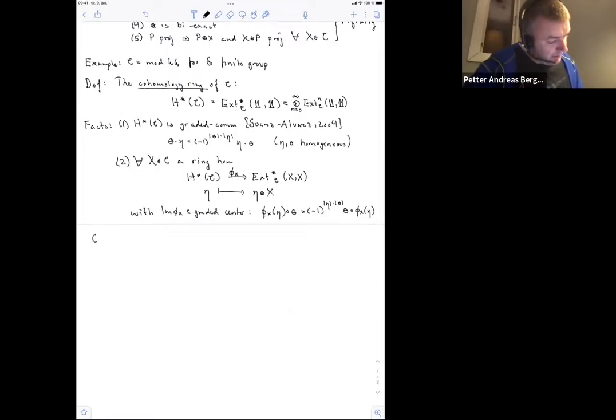And then it's been conjectured, and this is sort of the big conjecture in all of this, by Etingof and Ostrik back in 2004, that the cohomology ring is finitely generated, and all these Ext algebras are finitely generated over the cohomology ring.